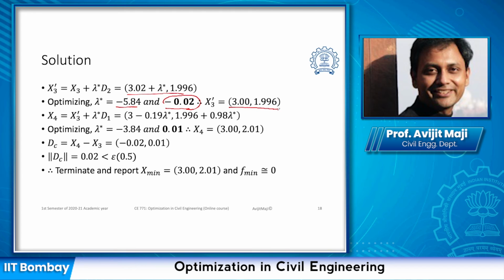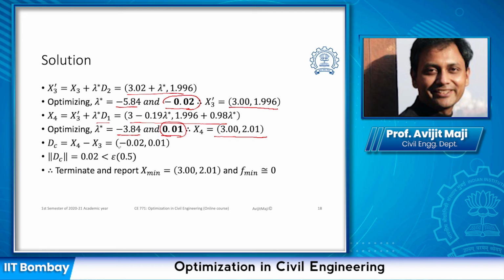And from this new location we need to go along the parallel subspace of D1, and as we do that, we find that the lambda values are 3.84 and 0.01. We are choosing this particular one, and with that we get the location as this particular value. Now at this value we are going to find the conjugate direction. So x4 is the current point and the previous point was x3.